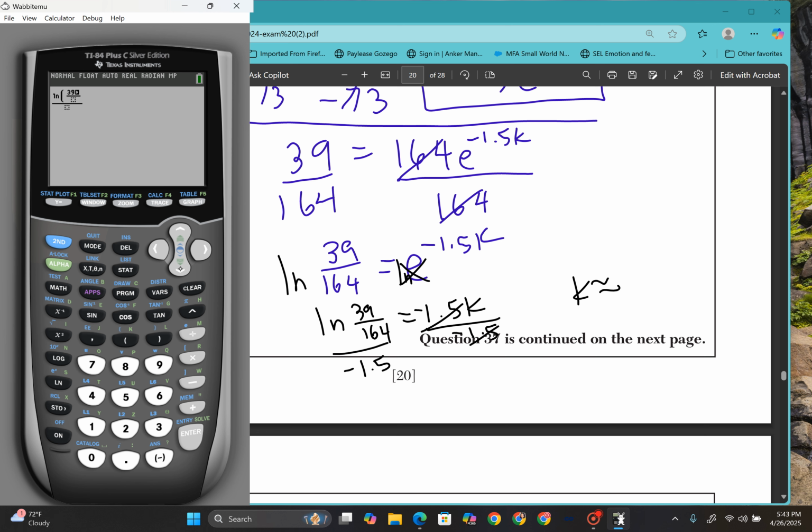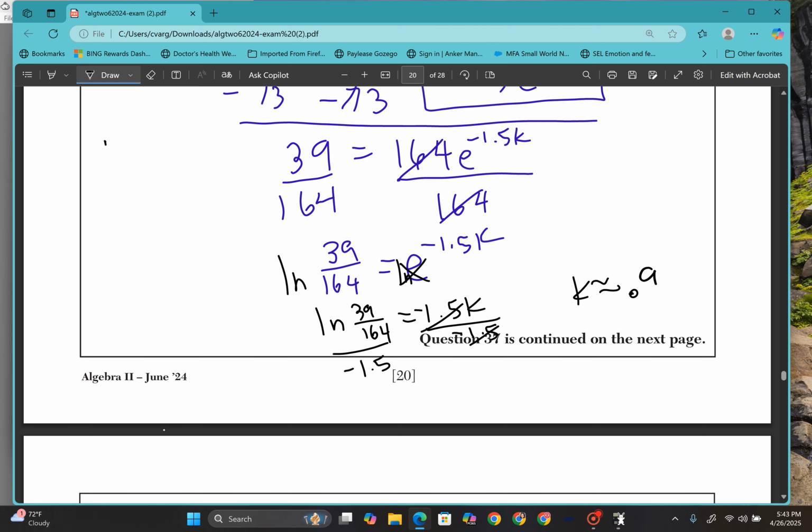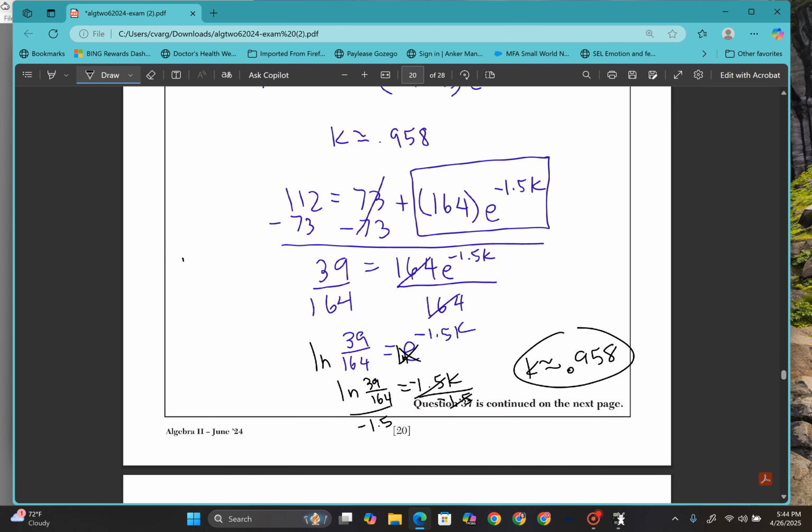So 39 over 164. And I go down and I put in negative 1.5, and look at my answer. Same answer that we got before. This is about 0.958. So either way you do it, you still get the same answer. Okay, same answer. All right.